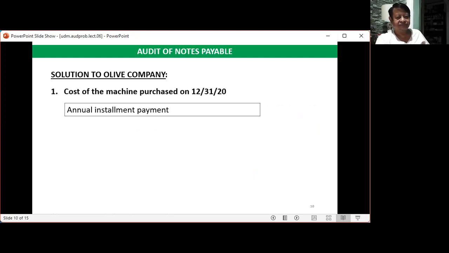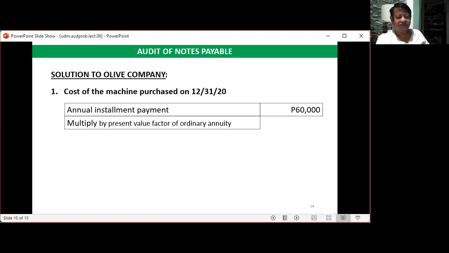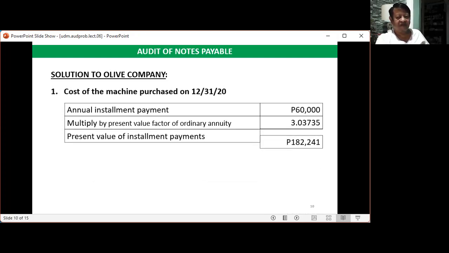Let's continue. So this is the annual installment payment as given in the problem. It is 60,000 pesos. We will multiply this by the present value factor that we computed, that is 3.03735. The present value, therefore, of the installment payment is 182,241 pesos.